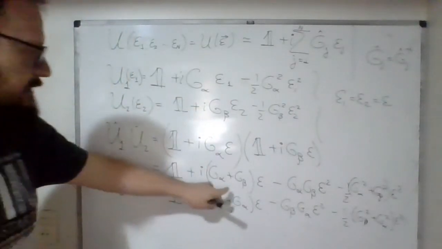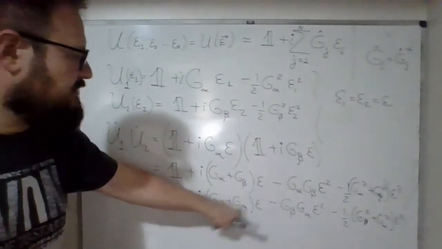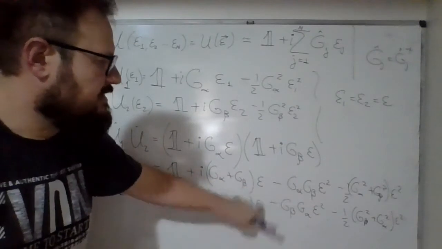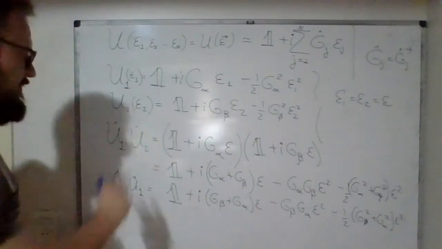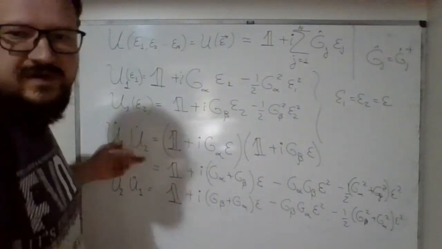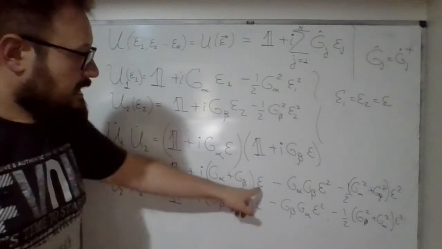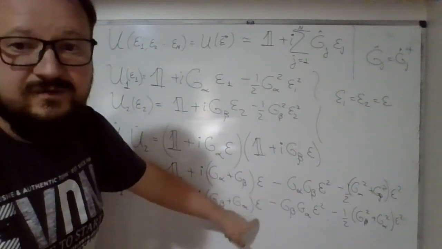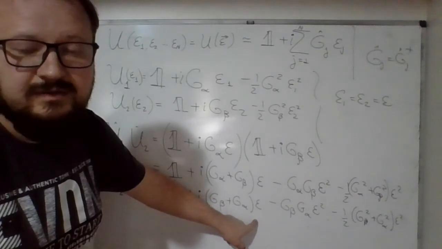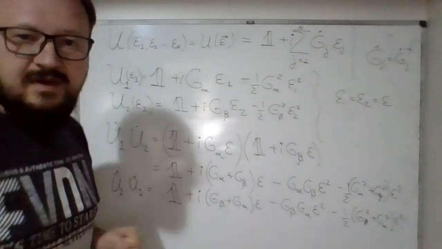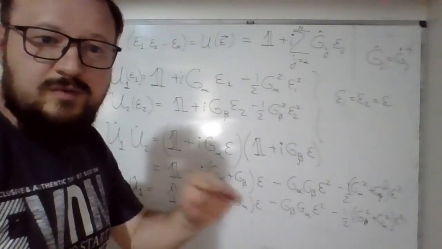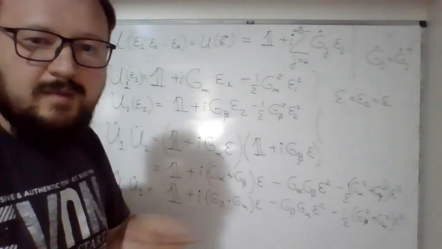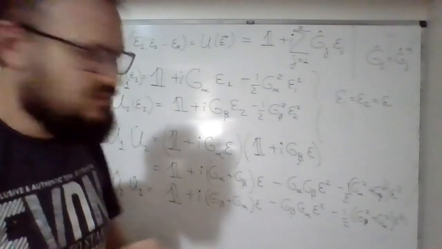So the non-commuting aspect is not in the linear order. You can reverse the operation. If you reverse the order of the operation, it is commutative to first order in epsilon. You don't need to worry about commutativity to first order.